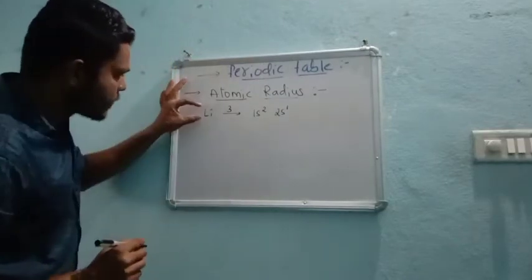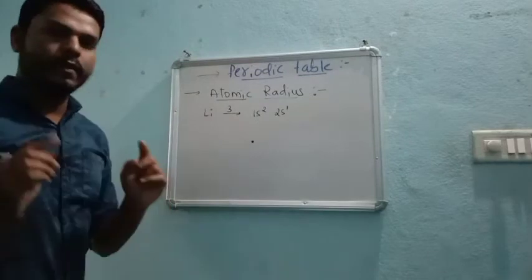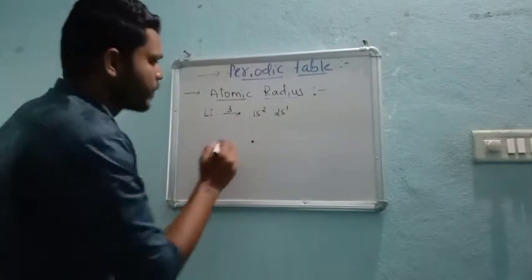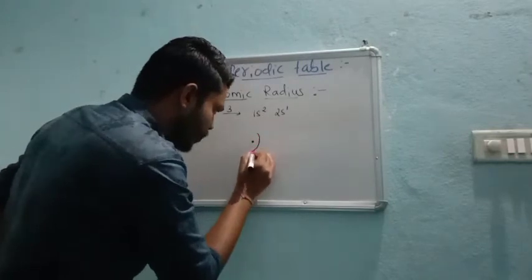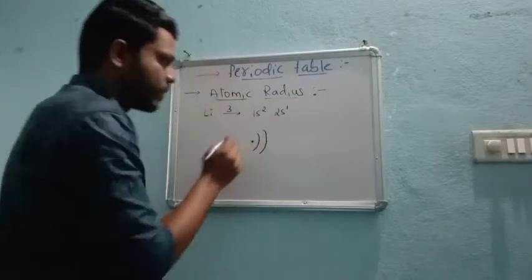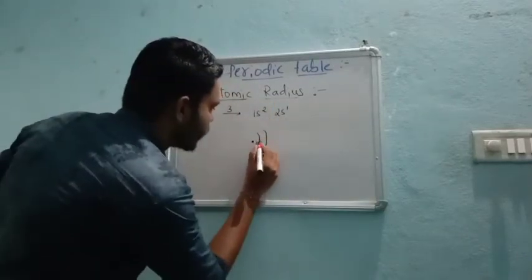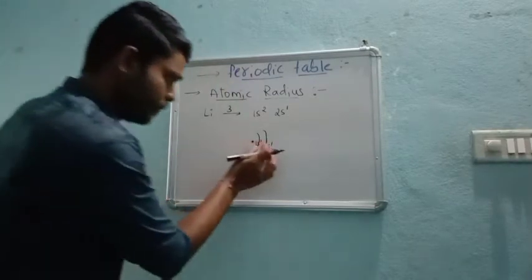Consider lithium as an atom. An atom means there should be a nucleus and then the shells. So 1s2, and the next shell is the second, that is 2s1.